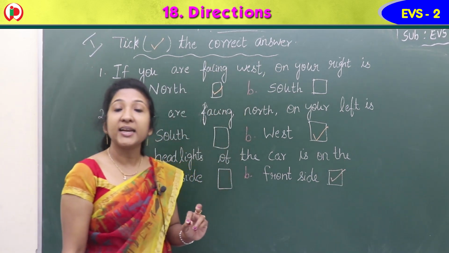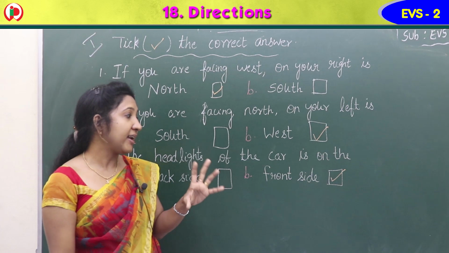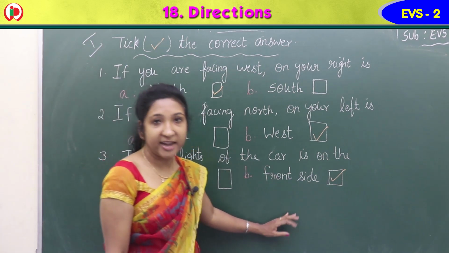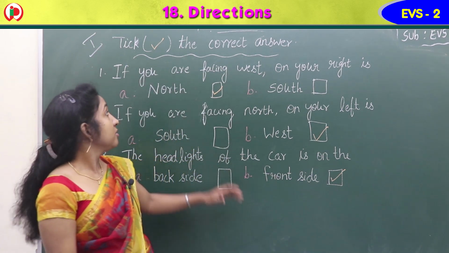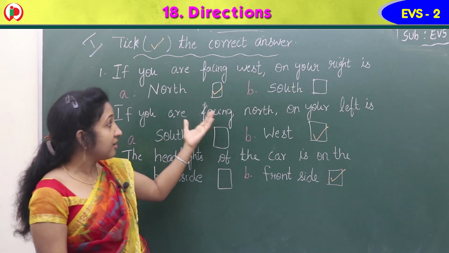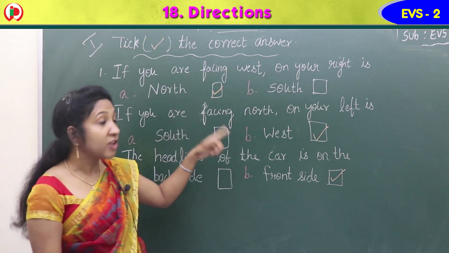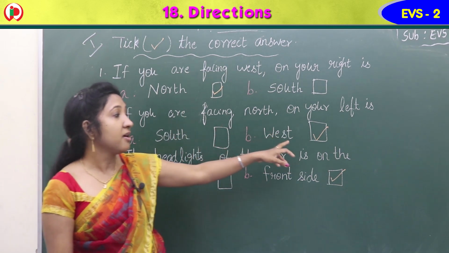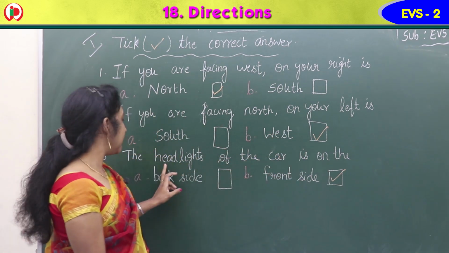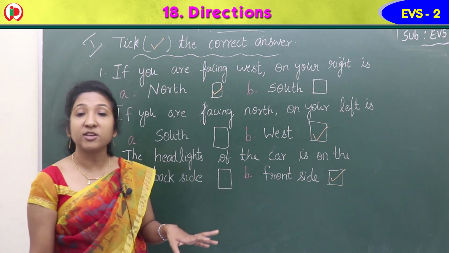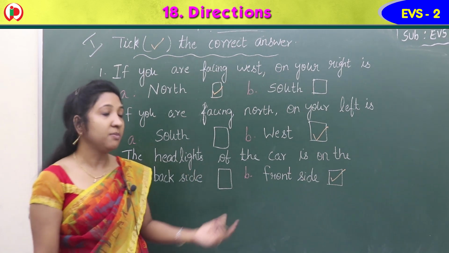You have to put a tick mark there. Car's headlight is on the front side of the car. So if you are facing west, on your right is north. If you are facing north, on your left is west. Third one, the headlights of the car are on the front side, option B.